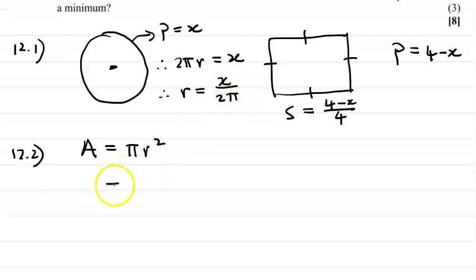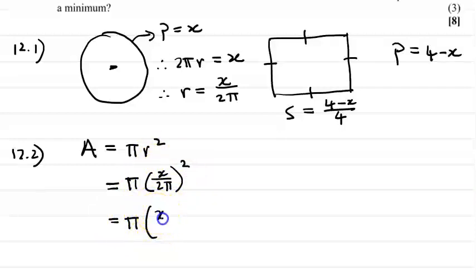So what we can do now is substitute r, the radius, in terms of x. So it will be pi times the radius, x over 2 pi, all squared. That equals pi times x squared over 2 squared, which is 4 pi squared.